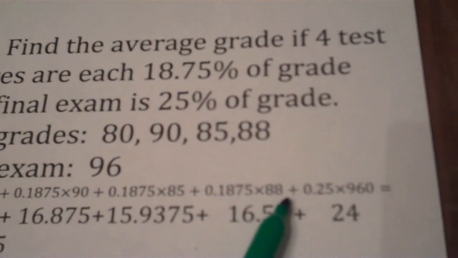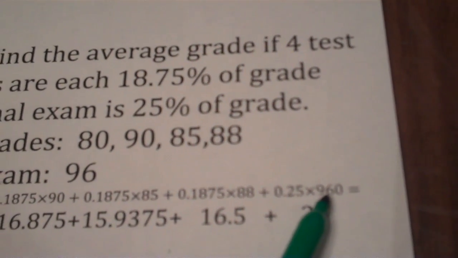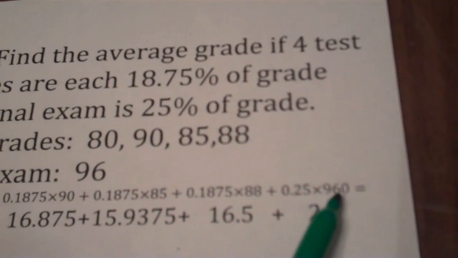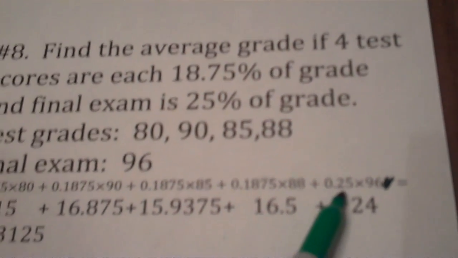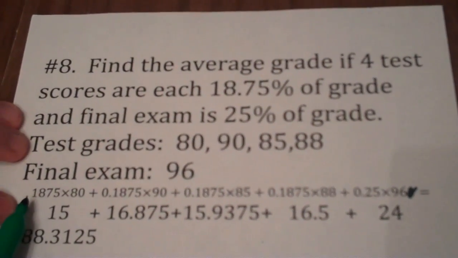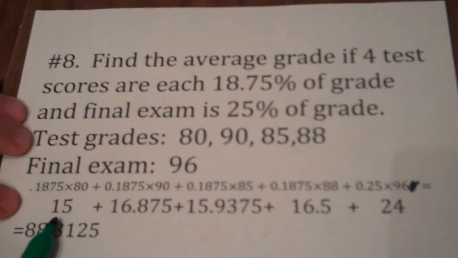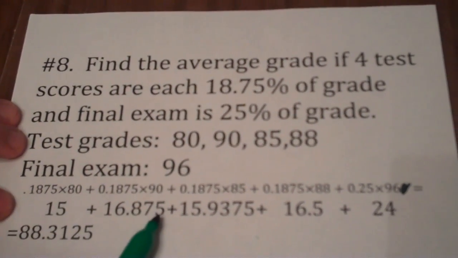Plus, the final exam score is worth 25% of your grade, so we'll multiply your final exam score of 96, that should be 96, not 960 by the way, times 0.25. Now let's actually do the calculations here. 18.75% of the 80 came out to be 15, 18.75% of the 90 came out to be 16.875.